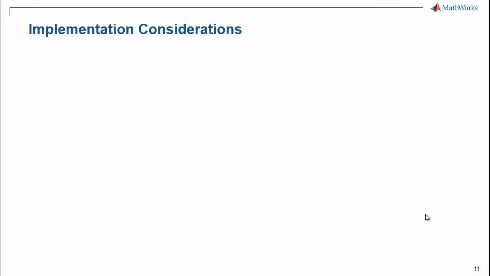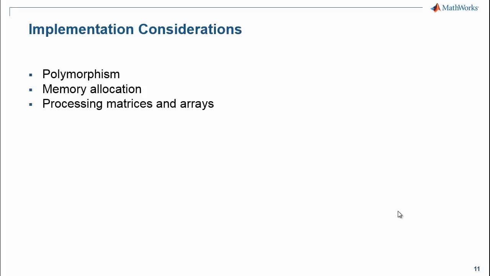If you're looking a little bit further at implementation considerations, there are essentially four types you need to be aware of. The first one is polymorphism, which is what we just showed. That same piece of MATLAB code can be used to generate C code that multiplies element by element, or does a matrix multiplication. Another consideration is memory allocation, whether your data is statically or dynamically allocated in memory. Then you also need to think about how you want to process your arrays.